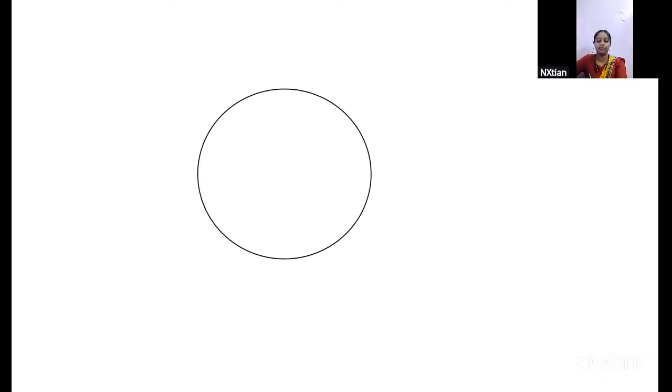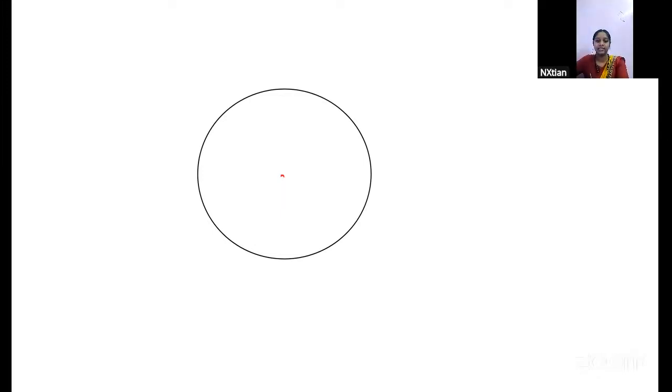Make a circle. Mark its center point. Now place the protractor on the center point of the circle. And then first you have 108 degree.